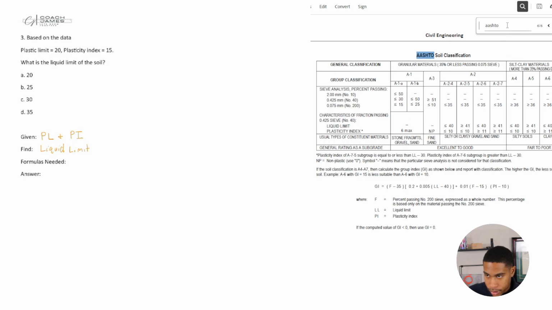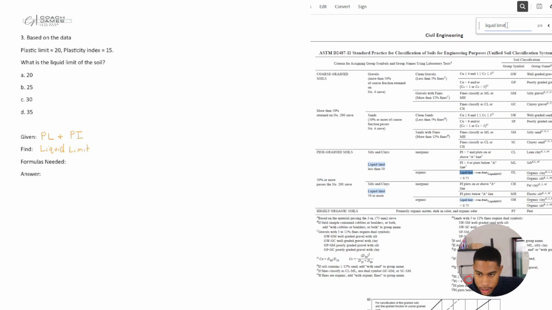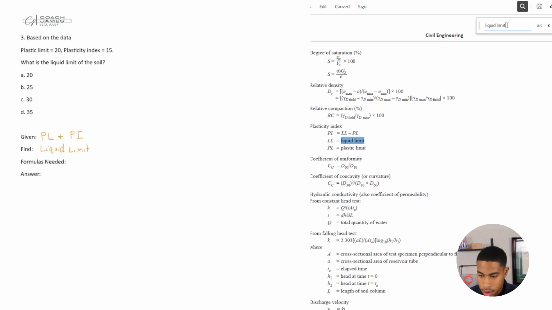How do I get my liquid limit? Okay, so liquid limit, LL. Plastic limit, PL.